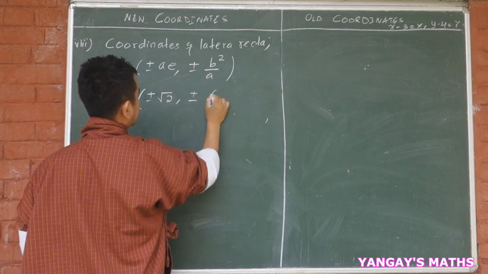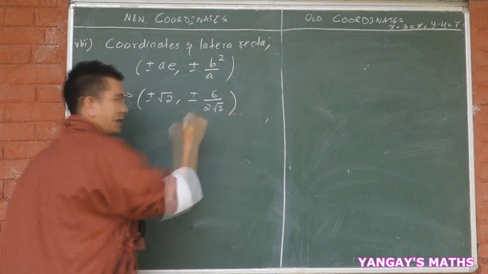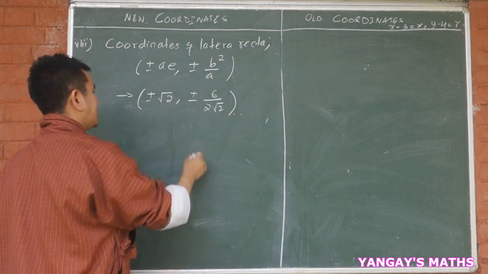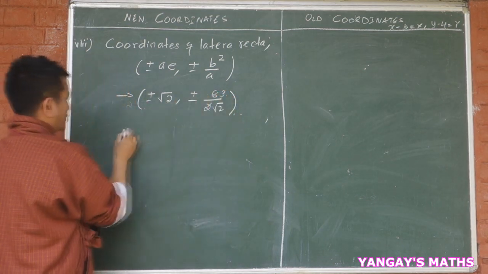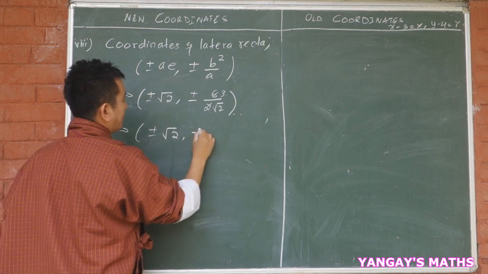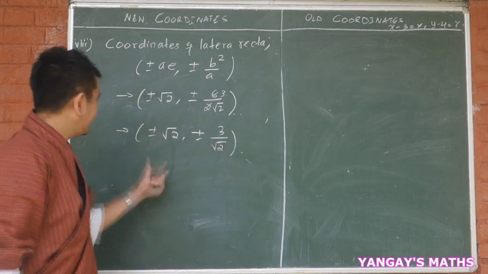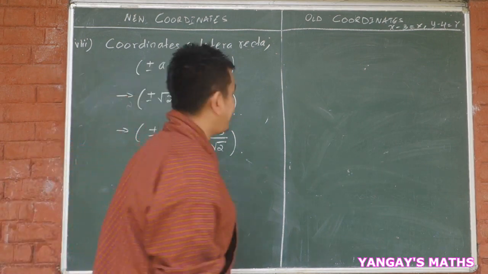B squared value is 6 and a value is 2 root 2. Yes, it's correct. So we have plus or minus root 2, comma plus or minus 3 by root 2. This becomes capital X value and this becomes capital Y value.